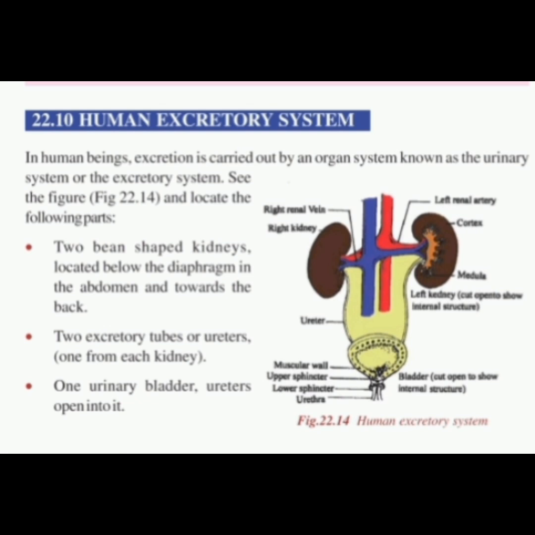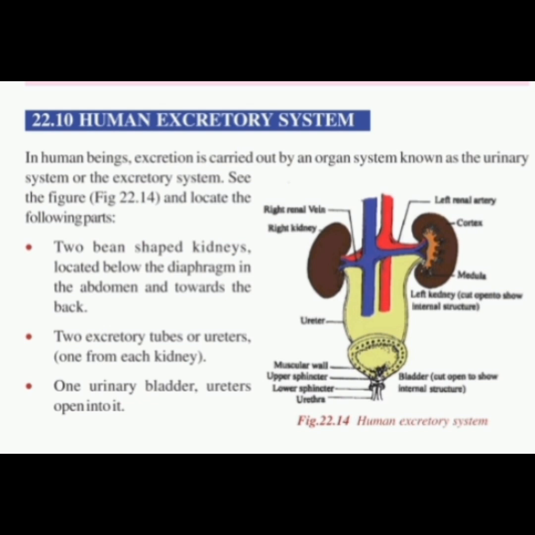The center part of the kidney is called the medulla and the upper part of the kidney is called the cortex. If you cut the left kidney, you can see the internal structure will be like this. Then, in each kidney we have a pipe which joins the muscular wall of the bladder, called the ureter.